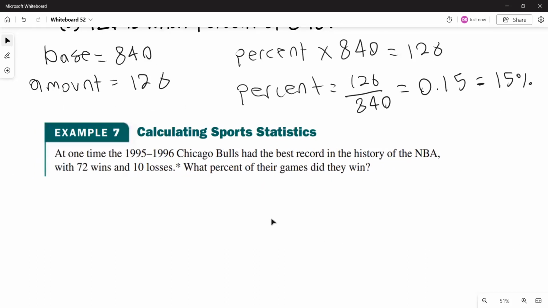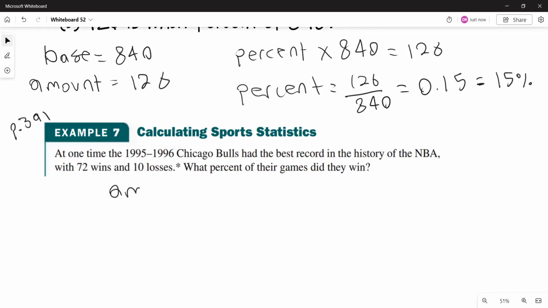At one time, the 1995-1996 Chicago Bulls had the best record in the history of the NBA, with 72 wins and 10 losses. What percent of their games did they win? They are not telling us the base, but you can find it.